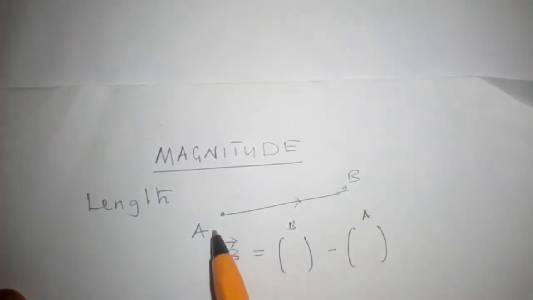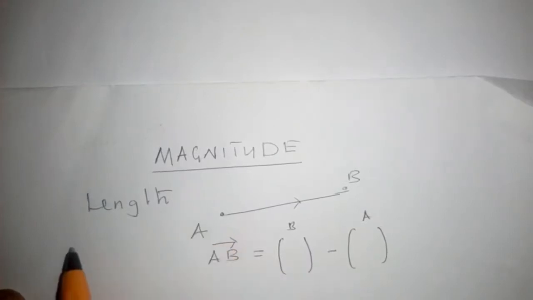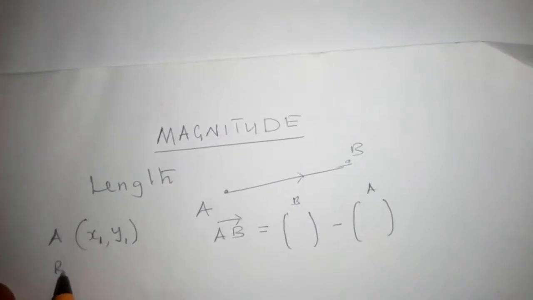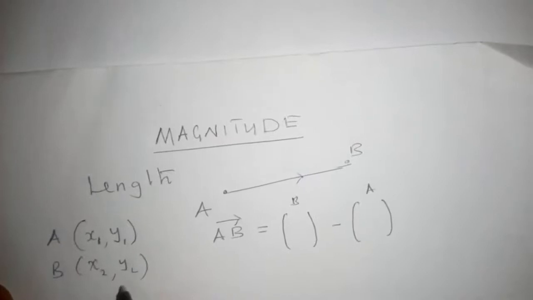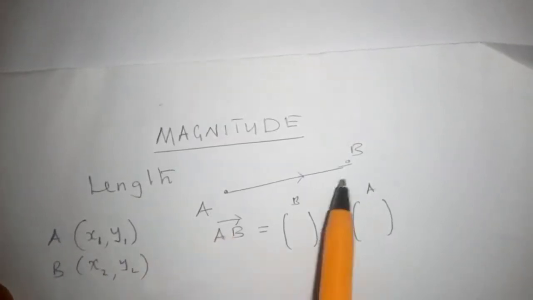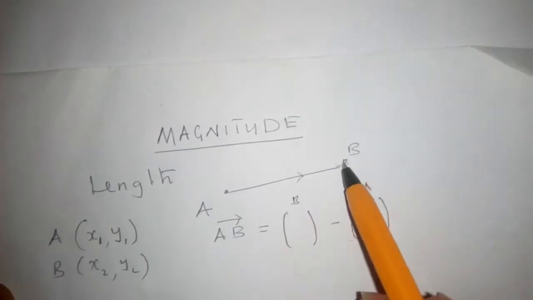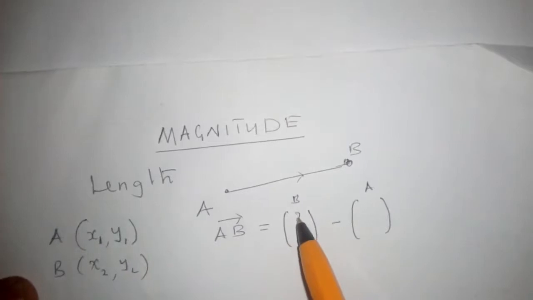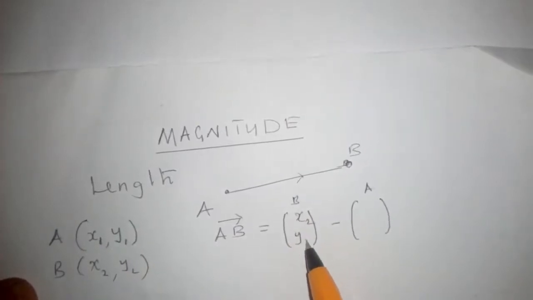So let's say here at A we have coordinates under the x-axis x subscript 1 and y subscript 1. This is A. And then for B we have x sub 2, y sub 2. So these coordinates are for A and these coordinates are for point B. So when writing here, we'll say x sub 2, y sub 2.